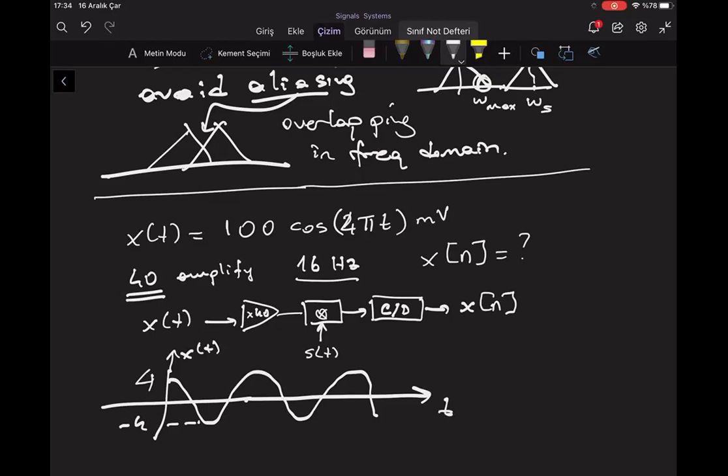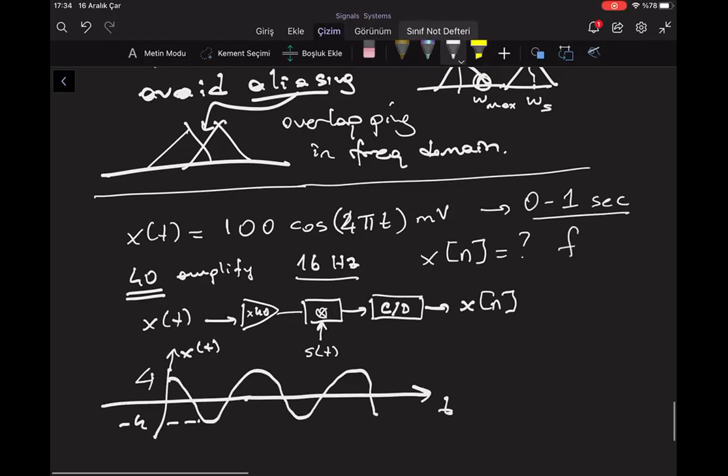Is this plot correct, arkadaşlar? Yes, this is cosine. And I wanted you to plot it for 1 second, 0 to 1 second. What was my frequency? F, 2 hertz. So 1 and 2. So I should come here.